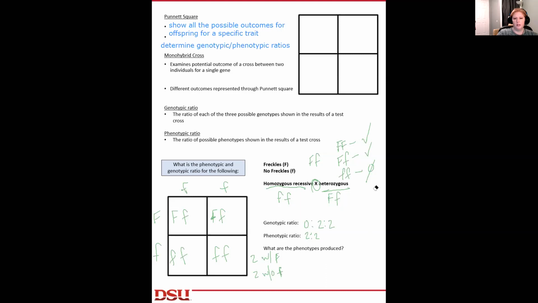I'm going to give us a different cross. We're still going to use freckles. Let's cross somebody that is homozygous dominant and somebody that is heterozygous. Okay. I'm going to do the same thing where I'm going to cross.